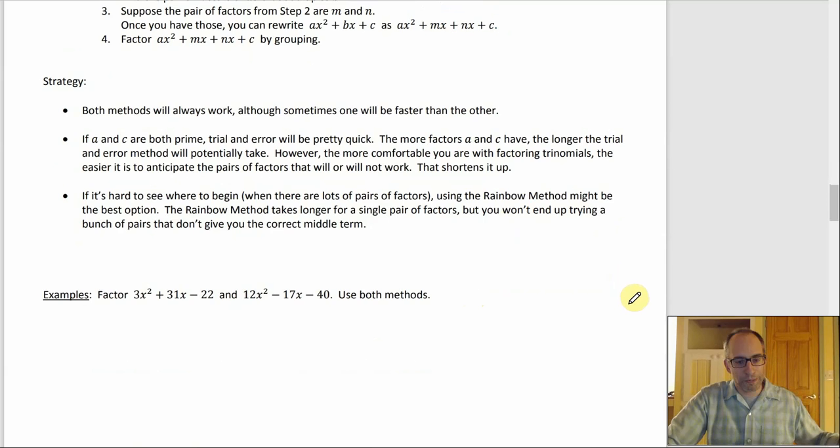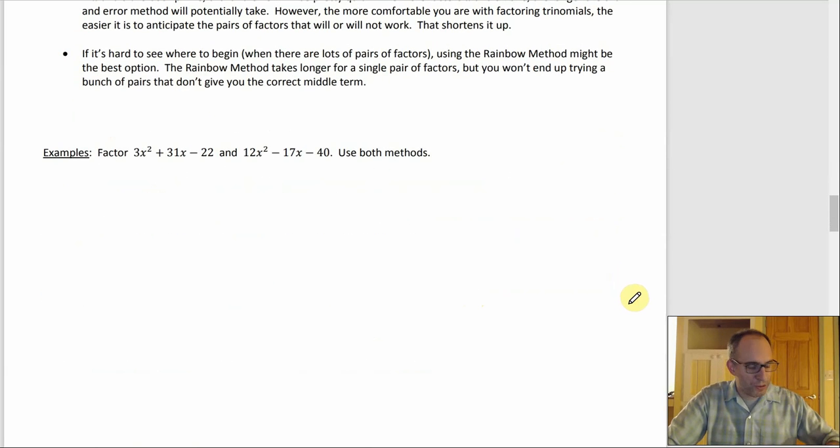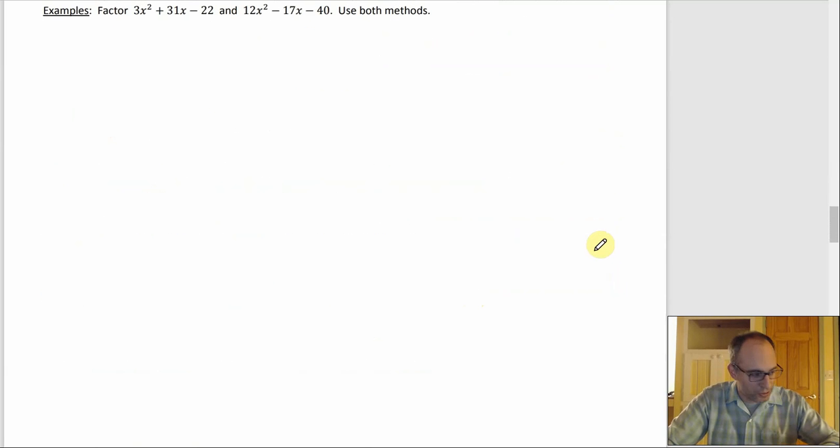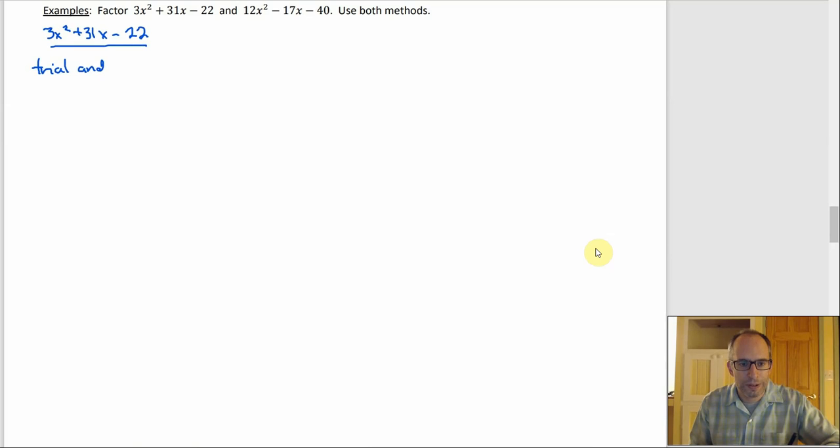All right, so then factoring those polynomials that I just wrote into those examples. This first one, the 3x squared plus 31x minus 22. Let's say we were going to do that one by trial and error.